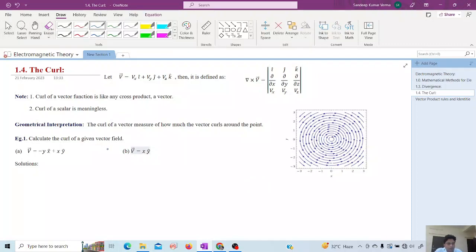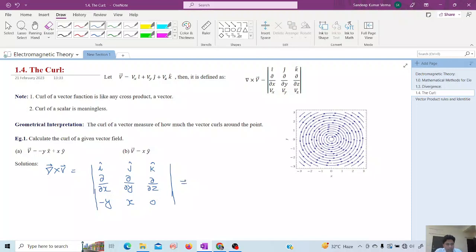So here we can calculate the curl of any vector field. It's very simple. Now the curl of a vector equals the determinant of i cap, j cap, k cap; del by del x, del by del y, and del by del z; with x component minus y, y component x, and in z it will be 0.